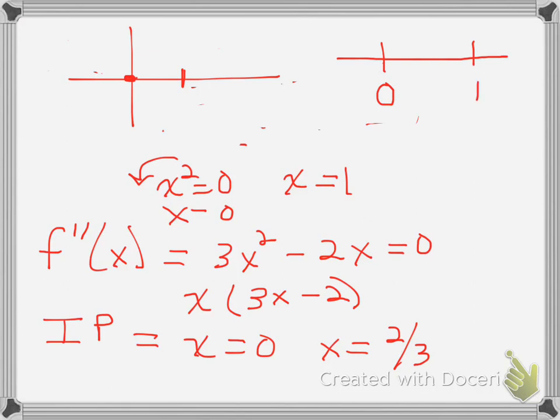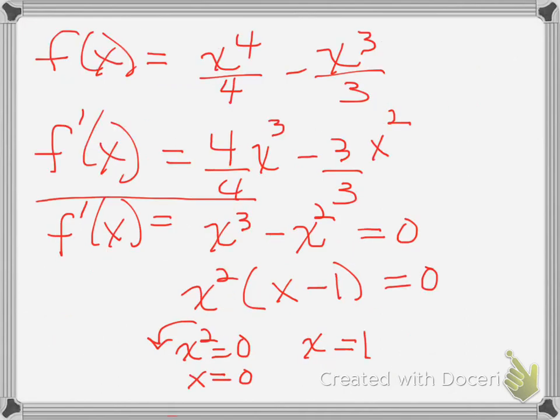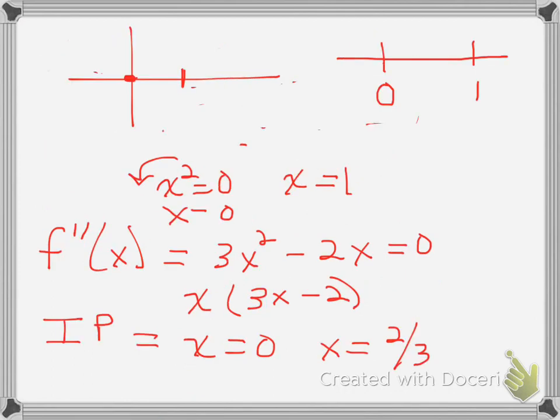The way I do my test, I think I need my derivative again, so let me go back and grab the derivative, which was x cubed minus x squared. So I know that f prime of x equals x cubed minus x squared. If you test to the left of 0, let's test negative 1.